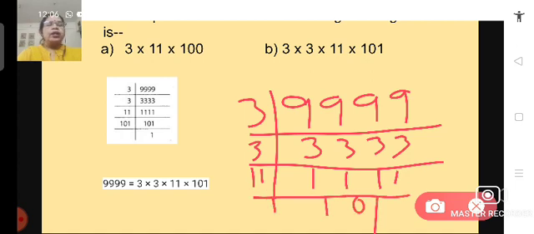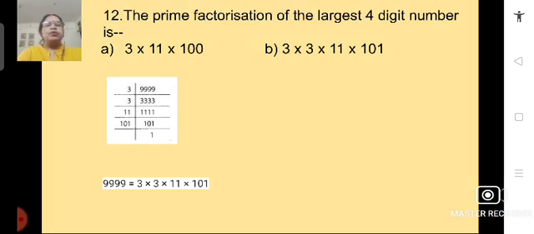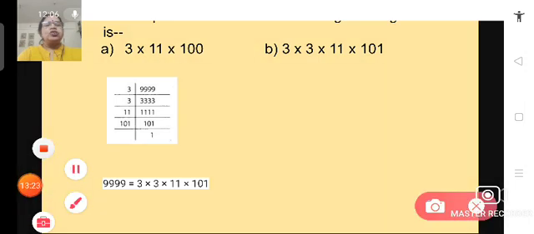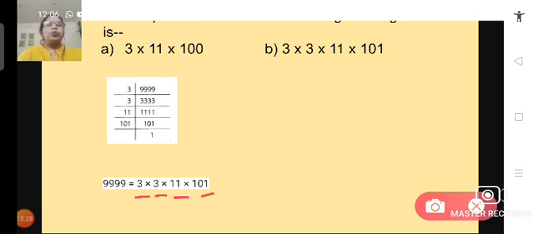And 101 can be divided by itself, we get 1. So, till we get 1, we go on doing the prime factorization. So, what is the prime factorization of 9,999? It is 3 into 3 into 11 into 101. So, which is the correct option here? Option B is the correct answer.